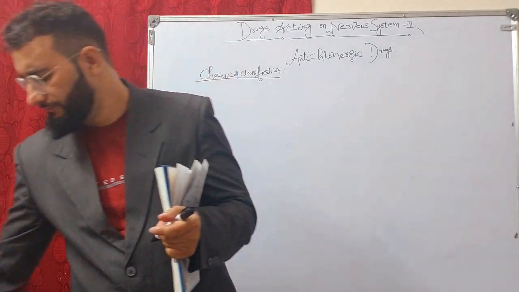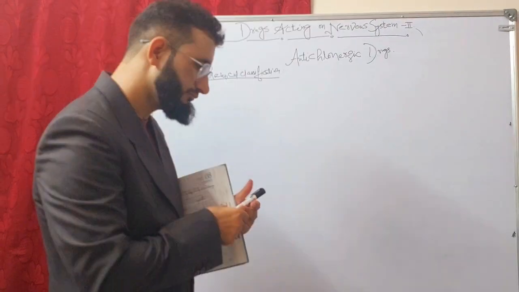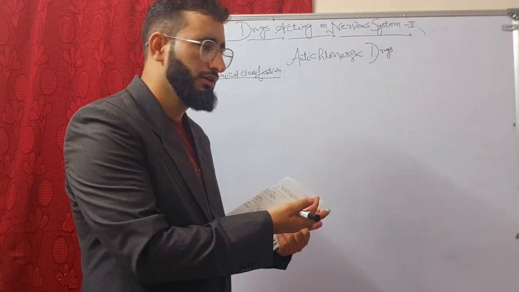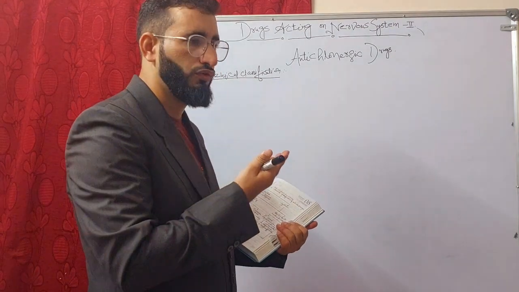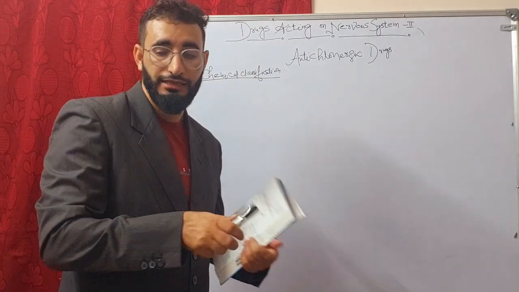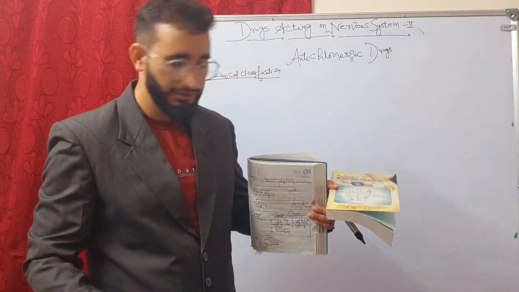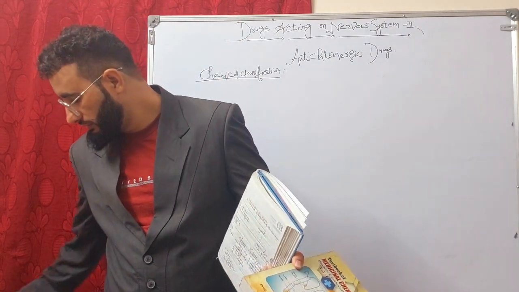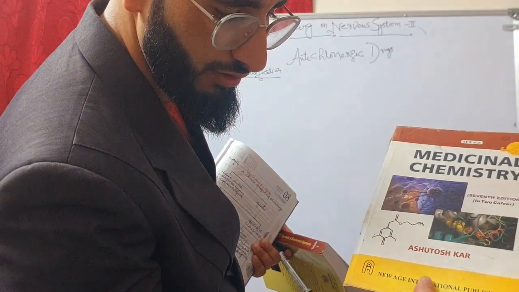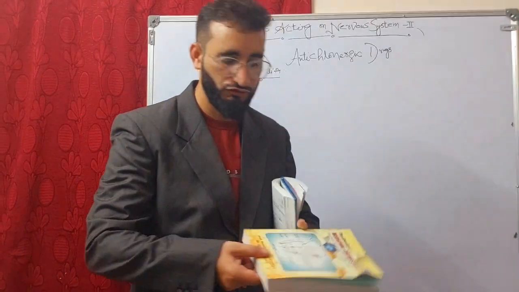Some other books I have also referred to, and made this classification very easy. So if you want to see the textbook, you can go for KD Tripathi for classification and medicinal chemistry. For chemical classification, you can look at these books: the medicinal chemistry book by Professor Surendra, and another book that is this. So you can read these books for chemical classification.